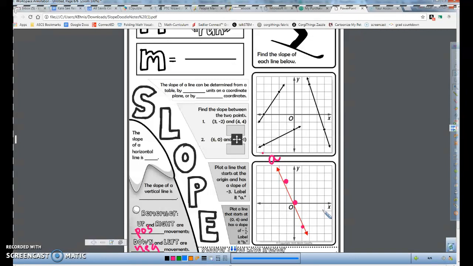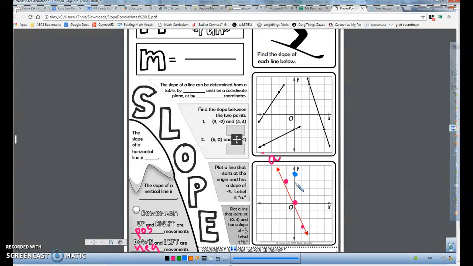So is that going to be on the x or the y axis? Good. It's over 0 on the x and up 4 on the y. Because all our points should be written as x comma y. So it starts up here.